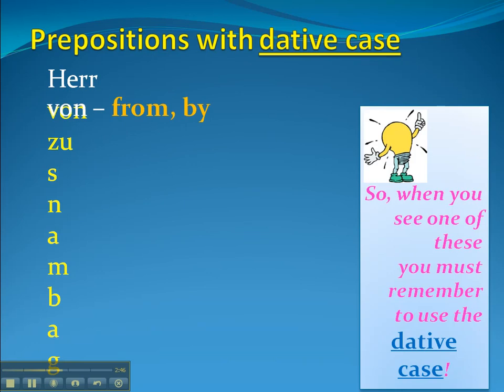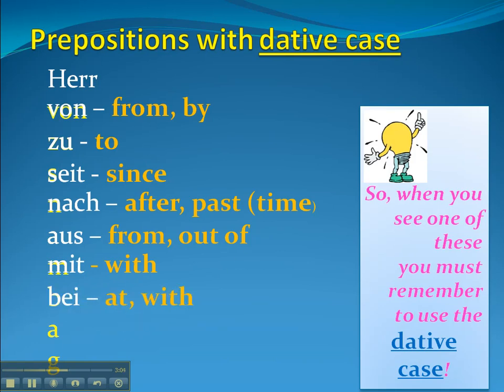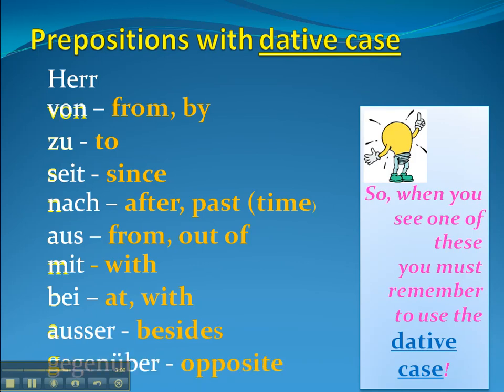Von, from or by, zu, and then the ones starting with these letters, S for seit, N for nach, A for aus, M for mit, B is bei, the second A for außer, and the G, gegenüber, opposite. And just note with gegenüber, it's often a preposition that follows the noun it goes with.